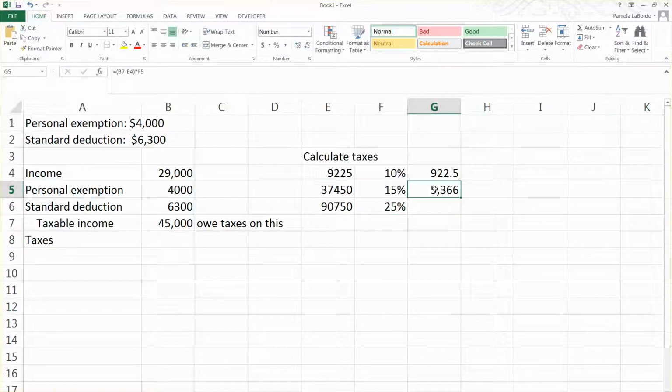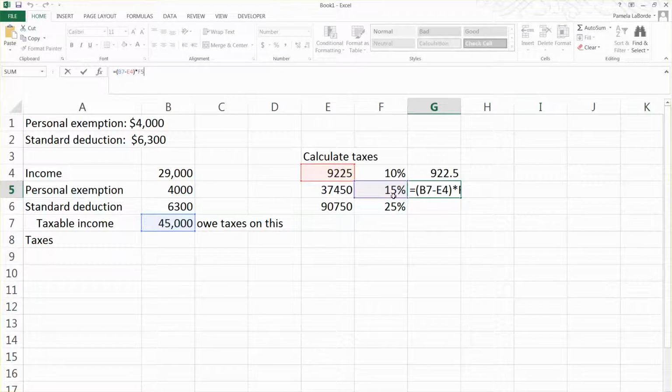So this calculation is now incorrect because it says look at the 45,000, subtract the 9,225, and then take that amount and multiply it by 15%. But that's not right because the amount above 37,450 needs to be taxed at 25%.